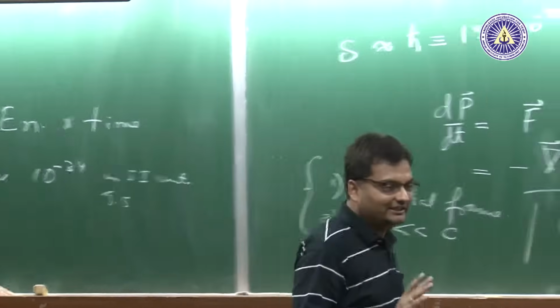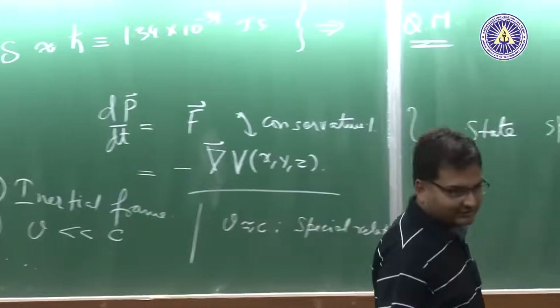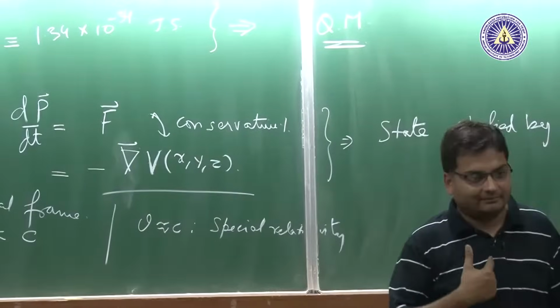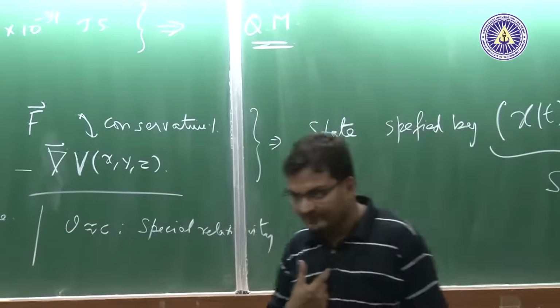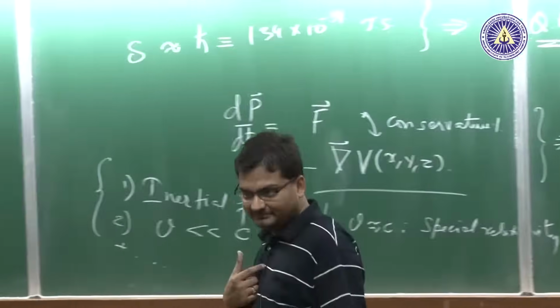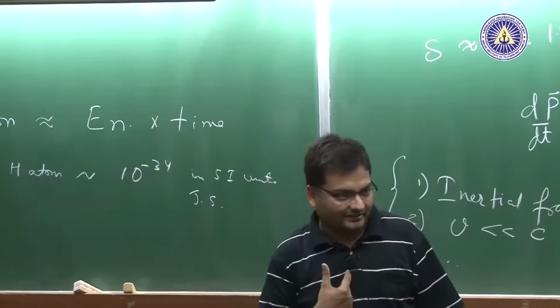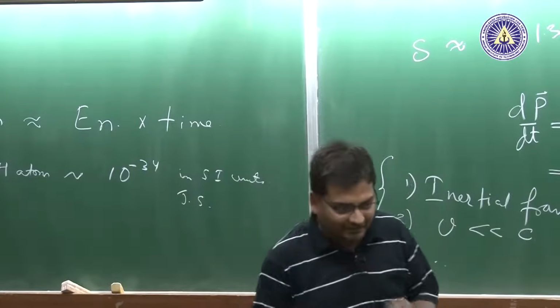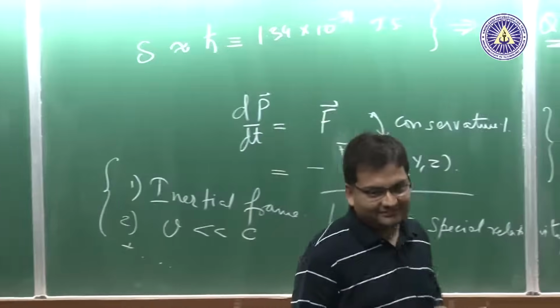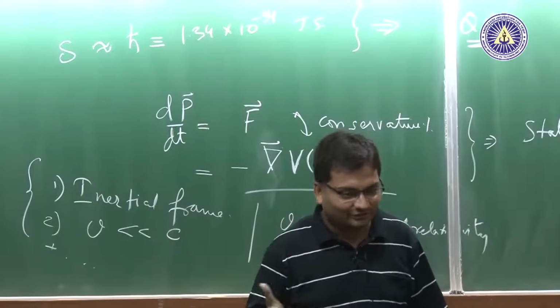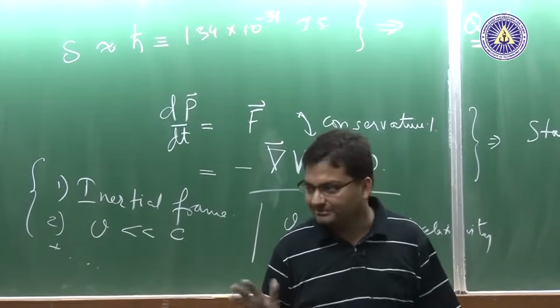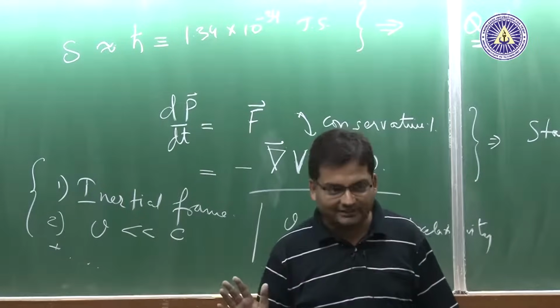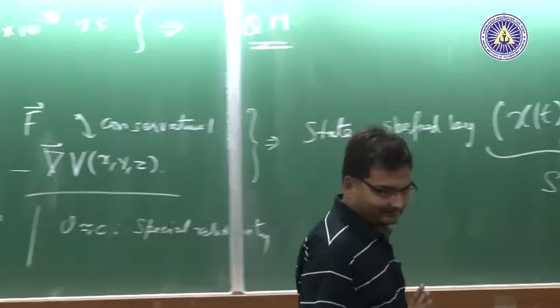What defines the quantum mechanical regime is not necessarily the smallness of the system. A particle as big as me can behave quantum mechanically, except that I should be able to do things on a time scale such that my action is of the order of 10 to the power minus 34. So that is the regime of validity.